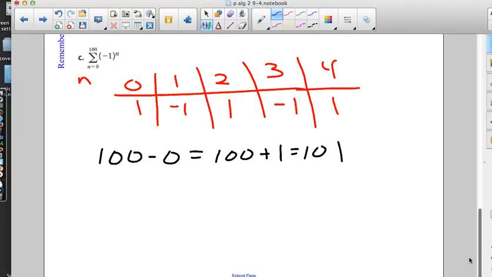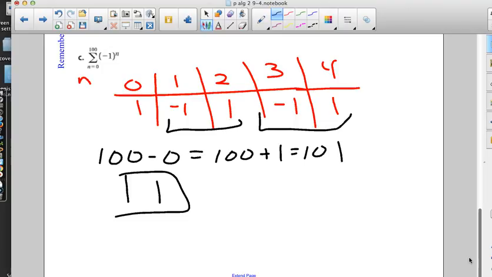And what that means is all of these groupings are going to drop out. There's just going to be that 1 right in the front that's going to be left. So if you write down all 100 of those, 1. That's it. Add 1. 1. Everything else is going to cancel out, those groups of 2.